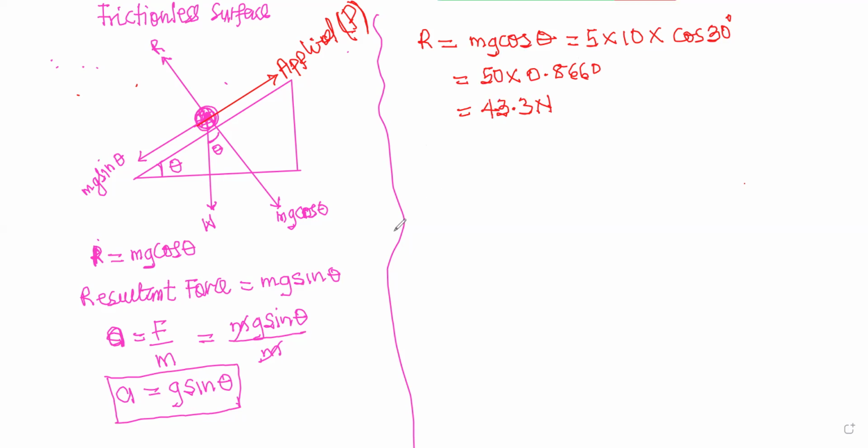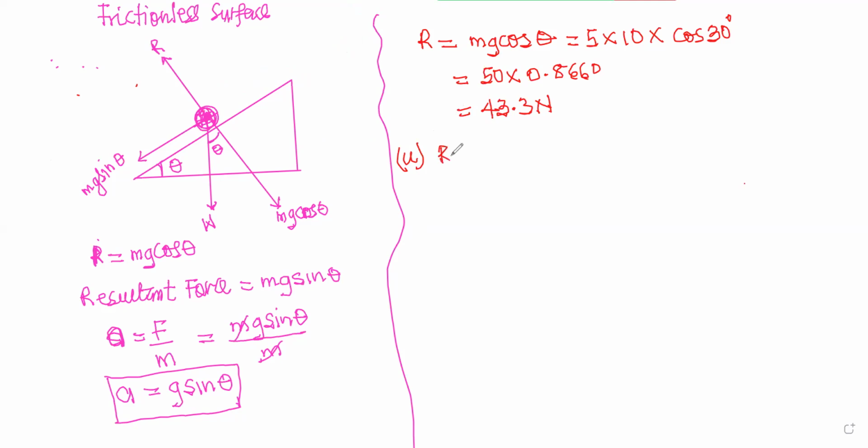Then the second question, the resultant force acting down the plane. The only force acting horizontally along the plane is the unbalanced force. So that's the resultant force.